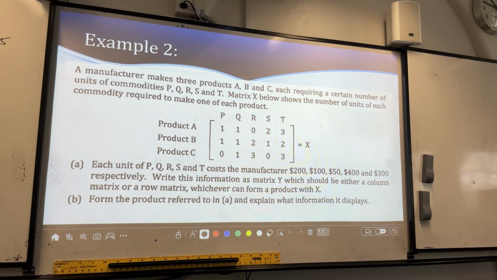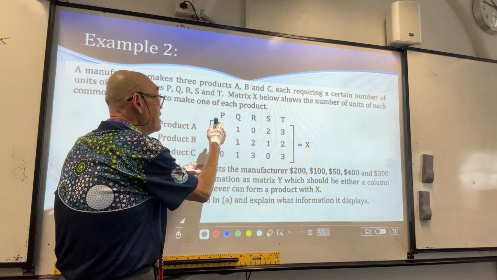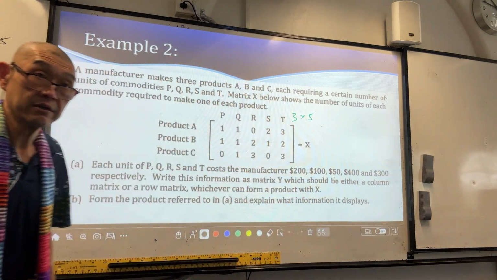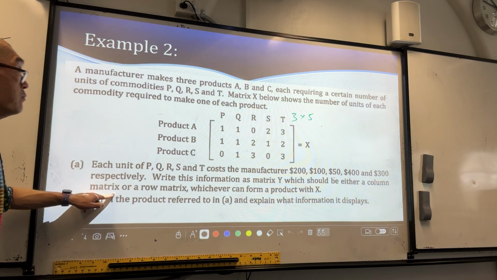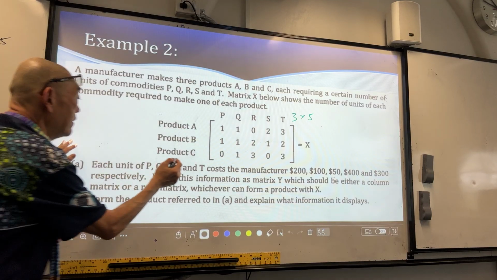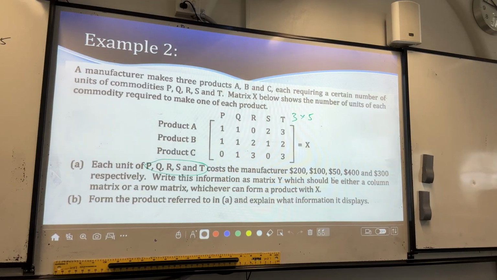Now, if you look at this, what is the order? The order of X is 3 by 5. Correct? Agree? Now, when you analyze a question like this, you need to think about whether I am going to use a row matrix or a column matrix.